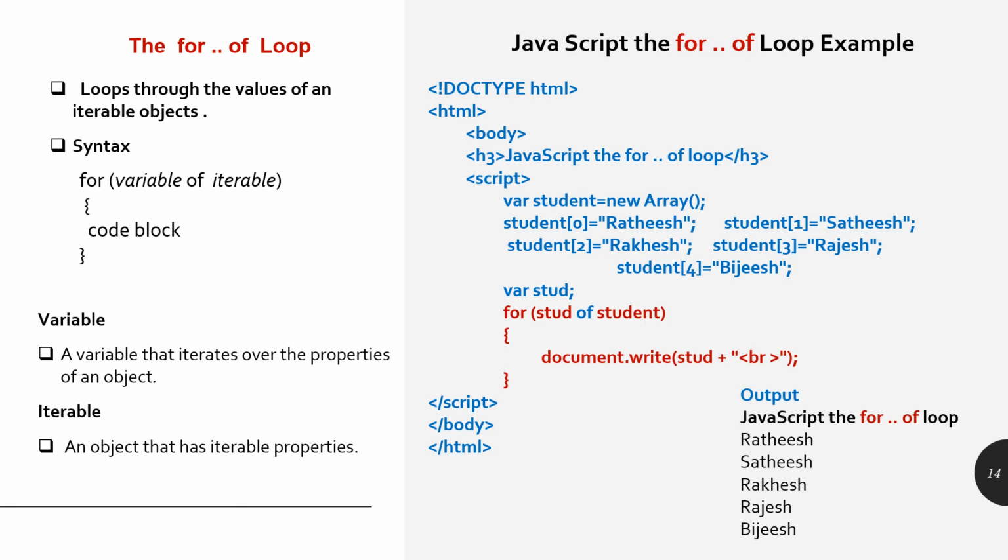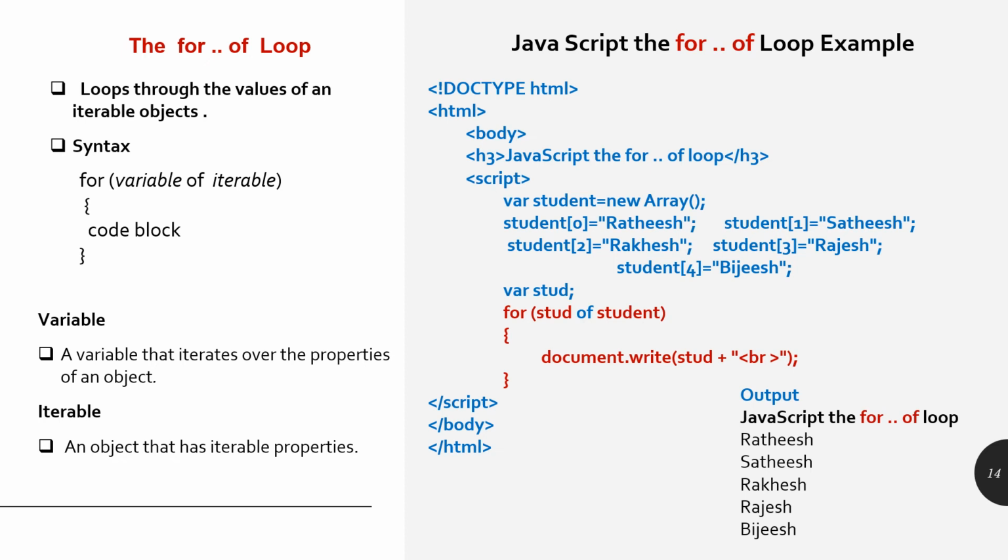Now a new array we have created, the name of student. So that is initialized, saying first index Radish, second index Satish, third, like that. One by one we have performed the initialization steps. And we are checking the student variable.